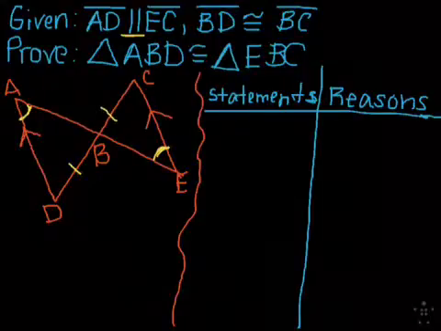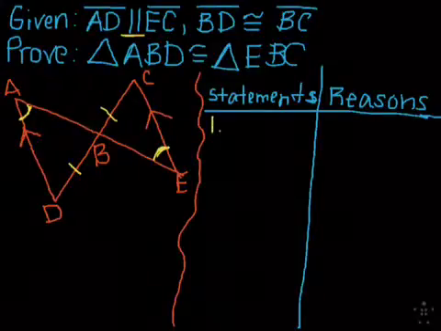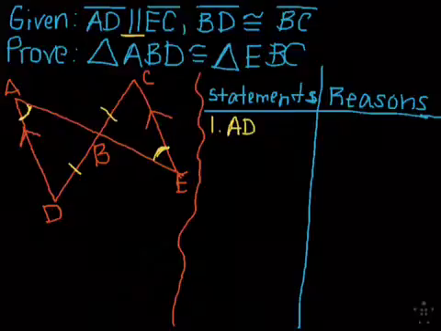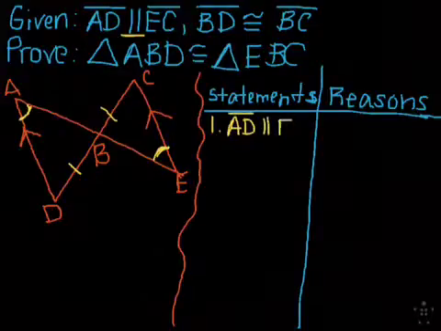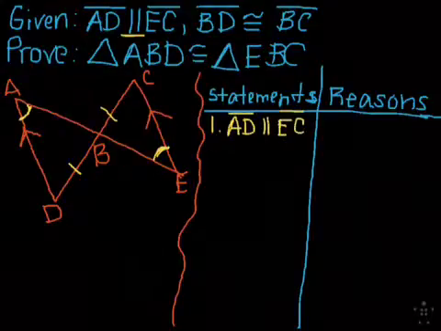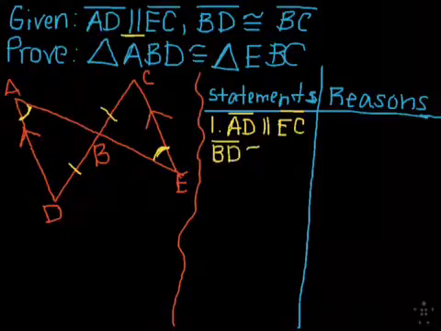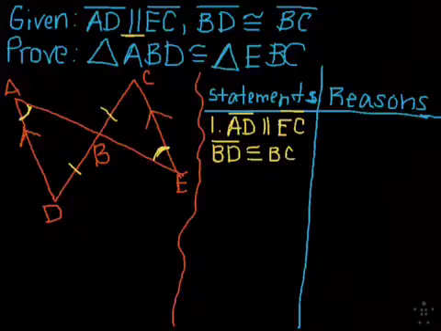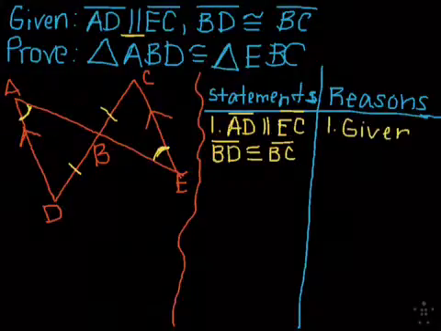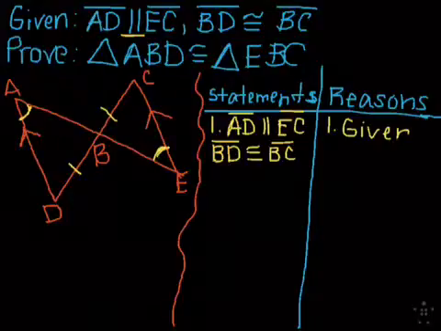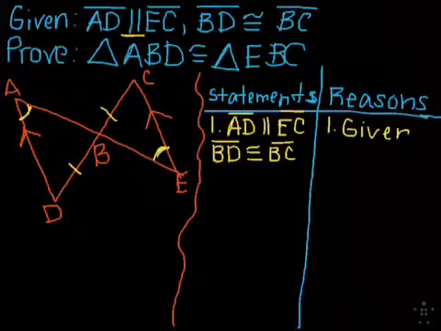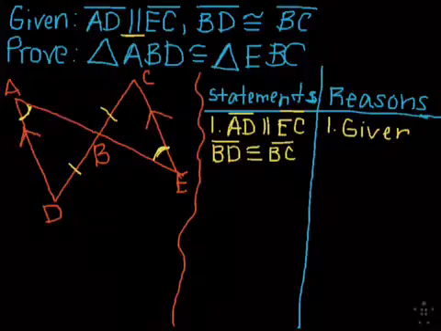So let's start writing down some of my information. So step 1, you were given that AD is parallel to EC. Those line segments are parallel. And you are also given that BD line segment is congruent to BC. That's given. Alright. I said earlier about knowing that the angles in parallel lines have alternate interiors, so I know these angles are congruent.